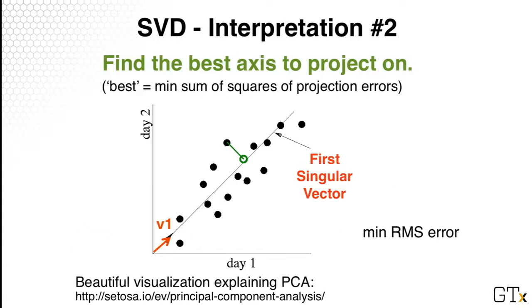Another way to interpret SVD is that it can help you find the best axes to project on. Best here is characterized by how well it minimizes the sum of squares of projection errors. So SVD can help us find, let's say, the first singular vector v1, and v1 will be pointing along the direction of the data that has the greatest variance.